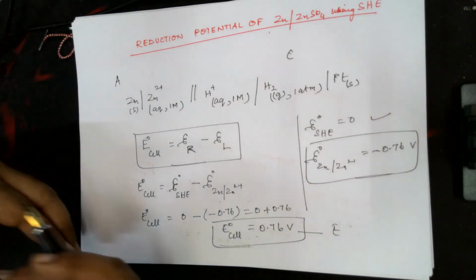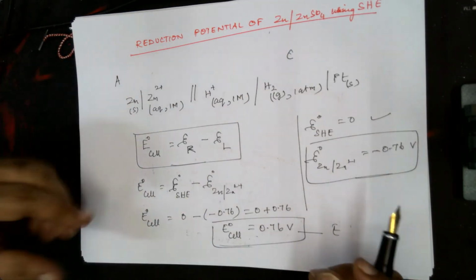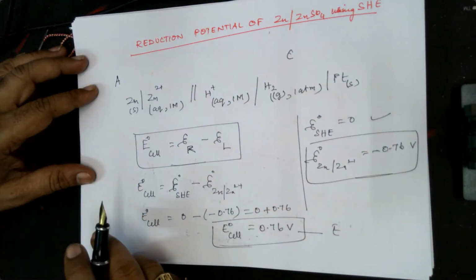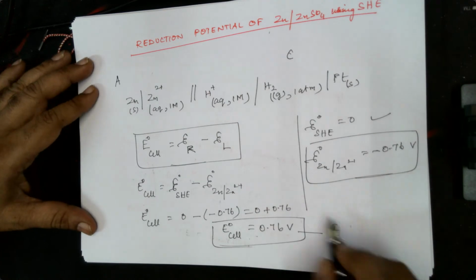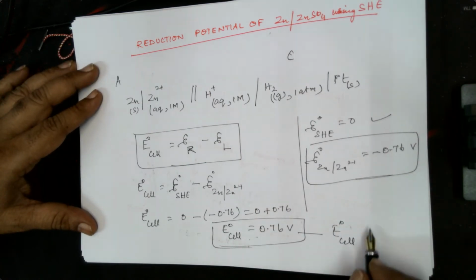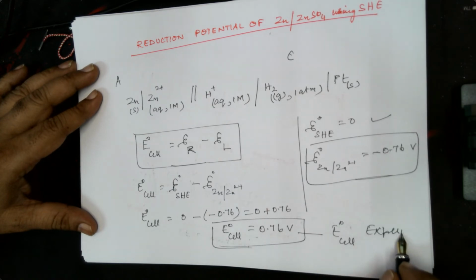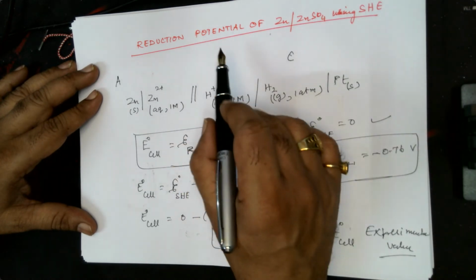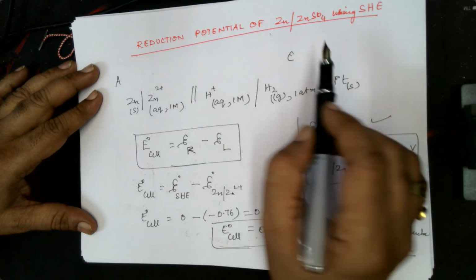Experimentally you can get the value, you can read the value. So from this value you can obtain. Are you able to follow? Right. Now let us assume that this is the E naught cell and known value or experimental value. Take down experimental value. So what is our objective? We have to get the electrode potential of zinc.